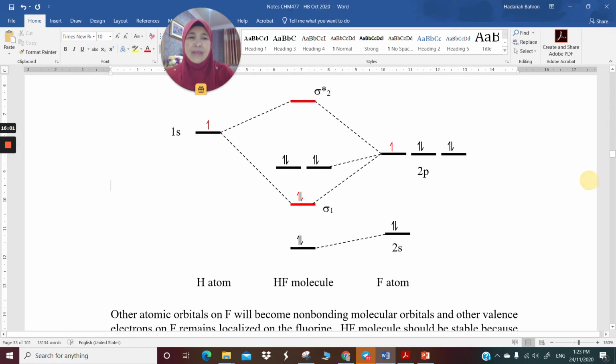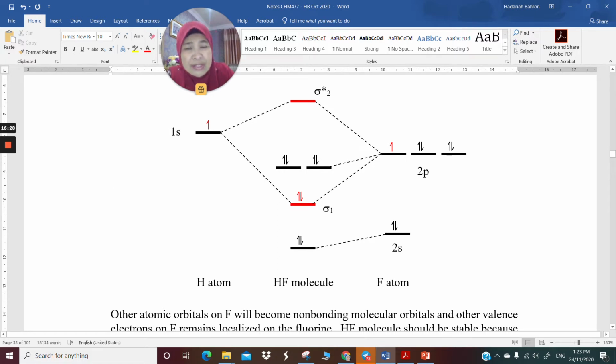Your 2s, because it cannot overlap with anything, is simply going to exist as a non-bonding molecular orbital, just lower in energy than the parent 2s. And your 2px, this is your 2px, and this is your 1s. Even though it is still at a lower energy level, it can still overlap because the difference in energy is not that great.